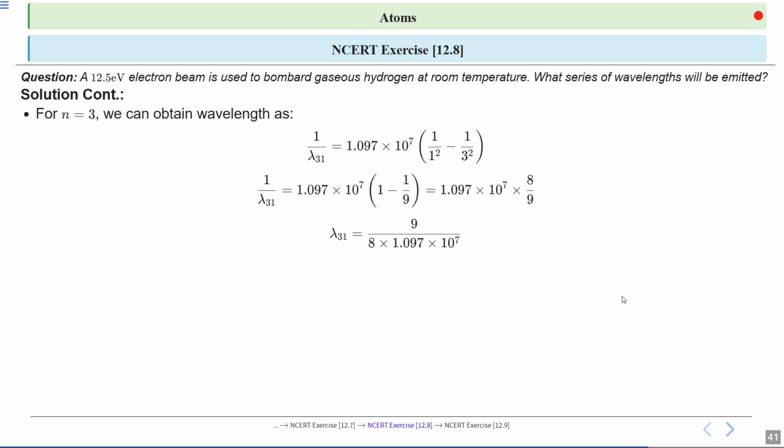Rearranging the equation, we get lambda 31 equals 9 divided by 8 times 1.097 multiplied by 10 to the power 7. After calculating, we find that the wavelength for this transition is about 102.55 nanometers. This value is in the ultraviolet region of the electromagnetic spectrum.